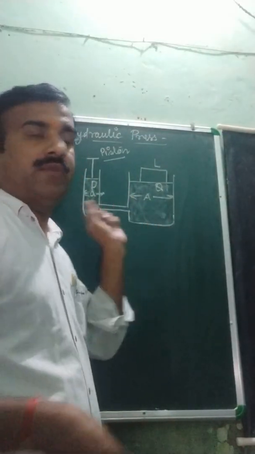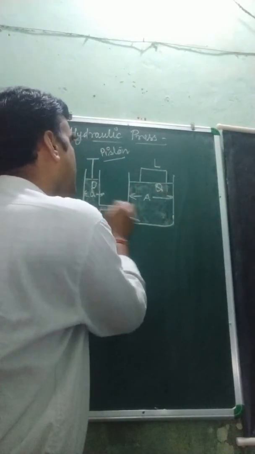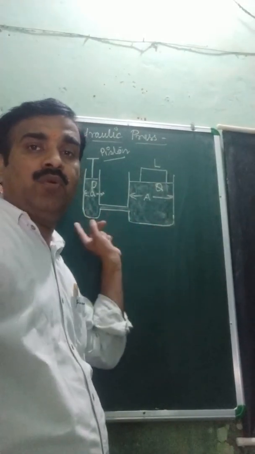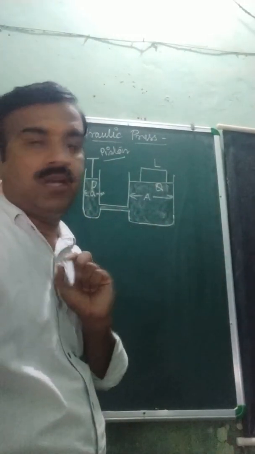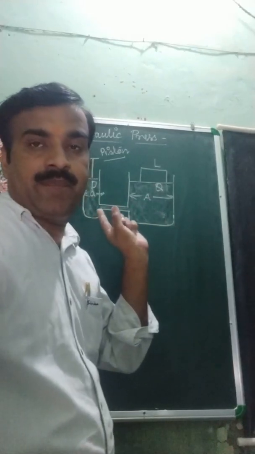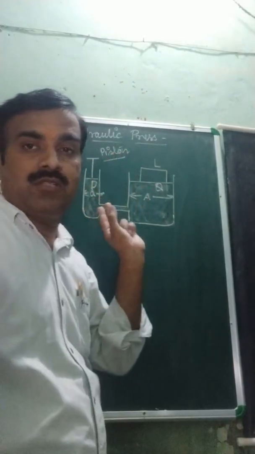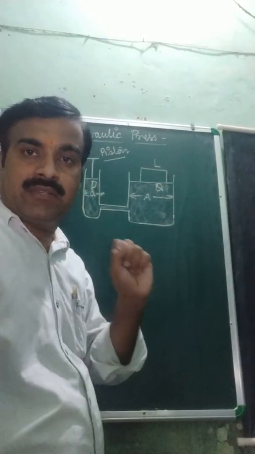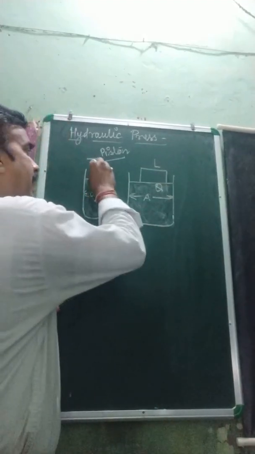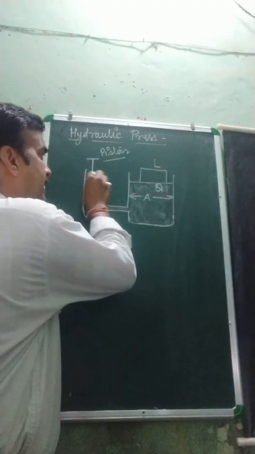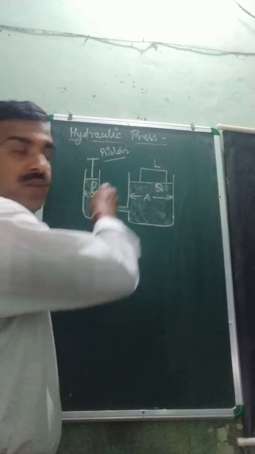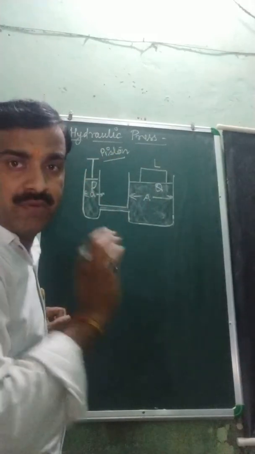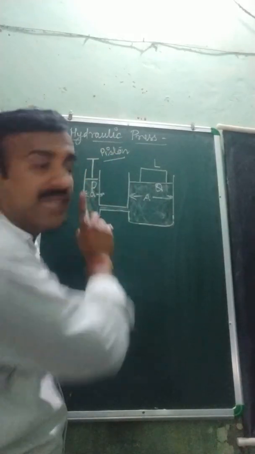Both the small cylinder and the bigger cylinder are connected through a pipe, and here a piston is also attached. Once we apply pressure onto cylinder P, it will be transmitted to the fluid filled in cylinder P.